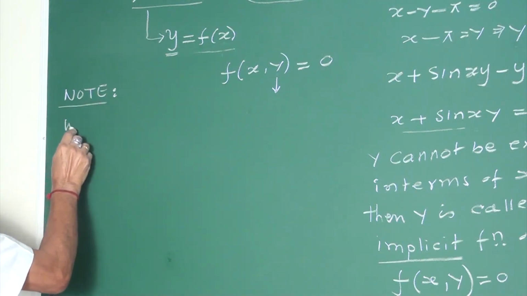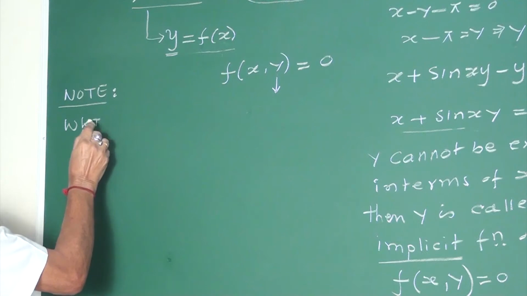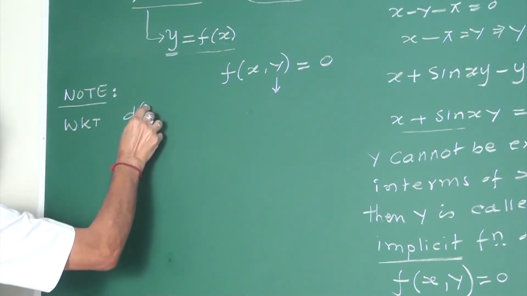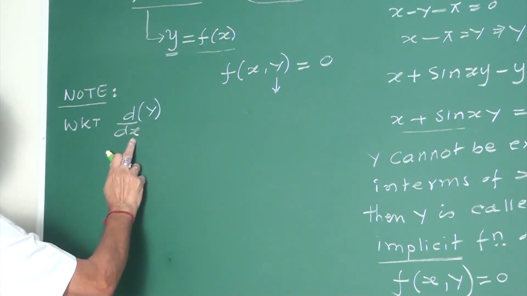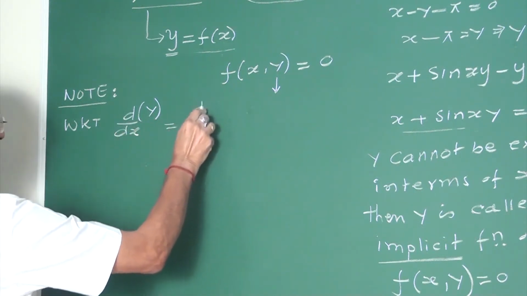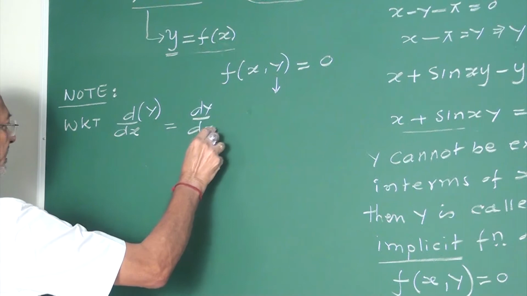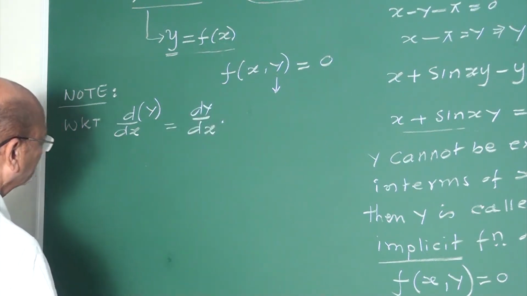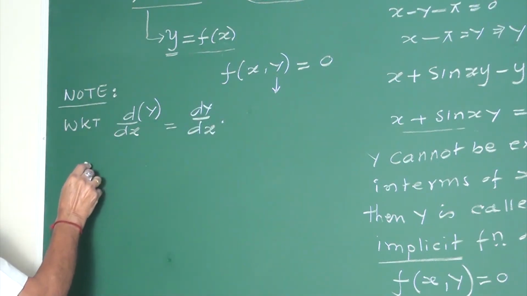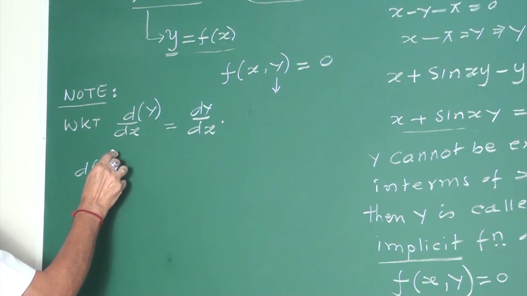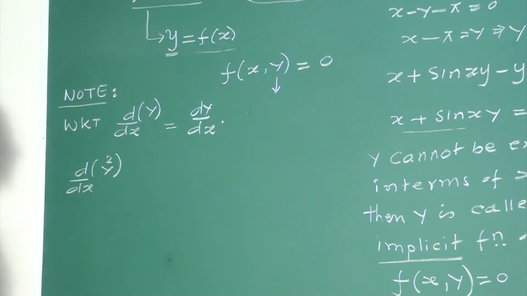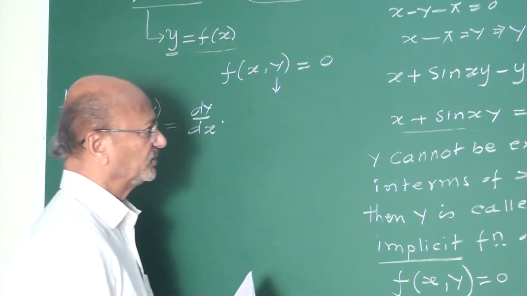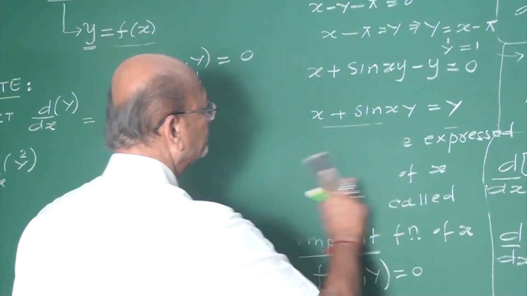We know that, I write here, this we know: the derivative of y with respect to x we can write as dy by dx. Next, my friend, what is it? The derivative of y square with respect to x. Yes, my friends. See.